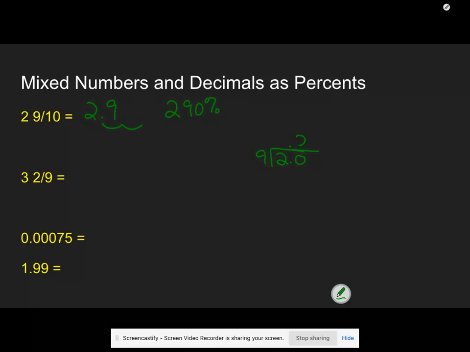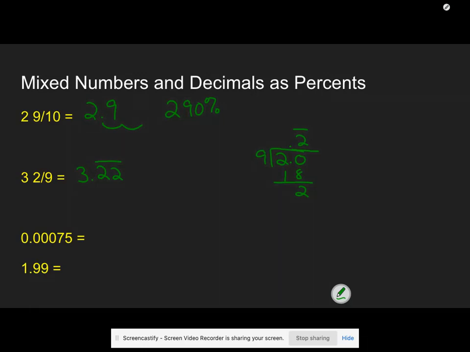Well, I'm going to get 2, which is 18. And I notice right away that it's going to repeat. So I'm going to write 3 repeating. All right, so that's my decimal.